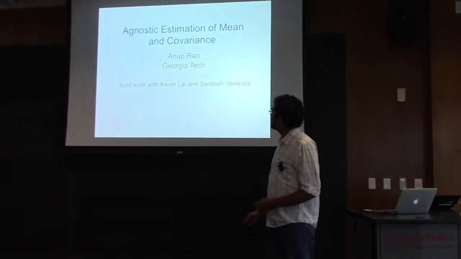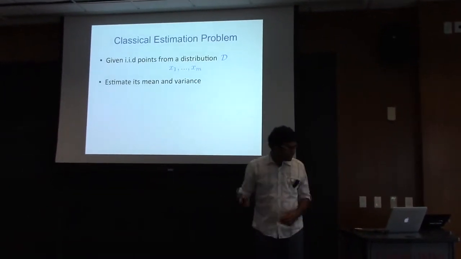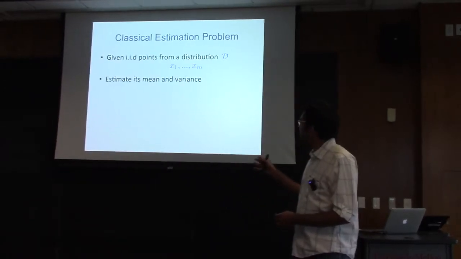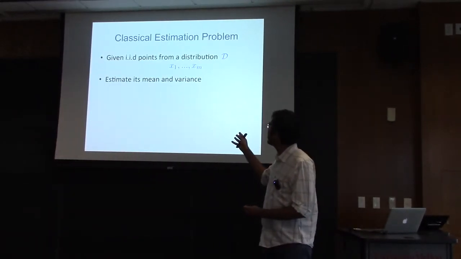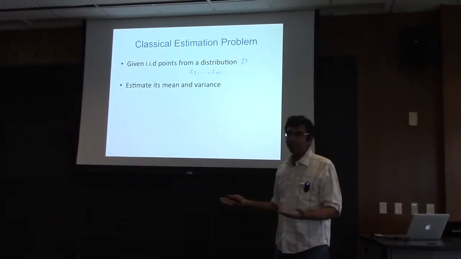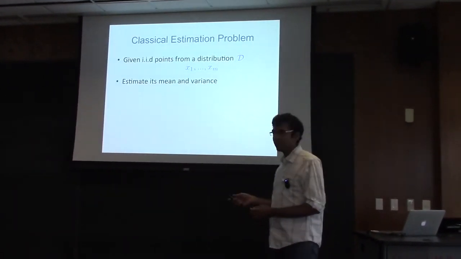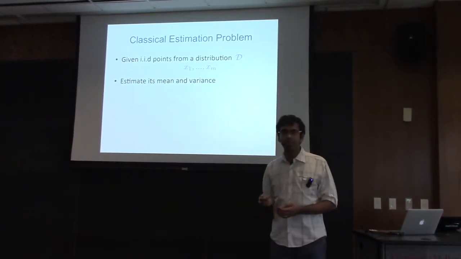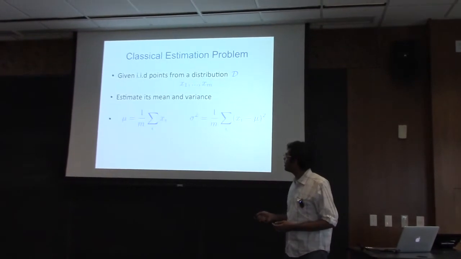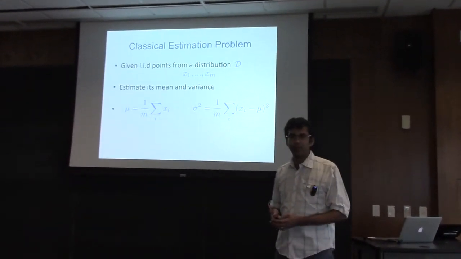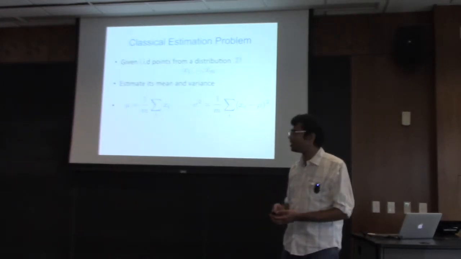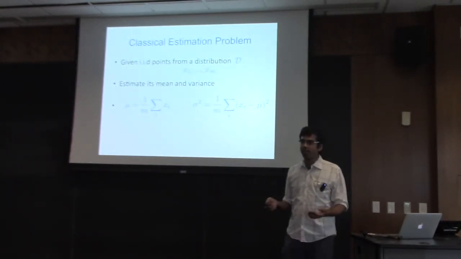So before jumping into the actual robust estimation problem, here's a quick recap of what a classical estimation problem is. Suppose we are given independent points from a distribution, and we want to estimate its mean and variance or covariance. What you would think to do is just take the sample mean and sample covariance, and you can show that this works pretty well for a wide class of distributions.